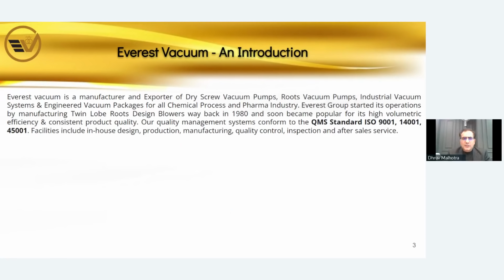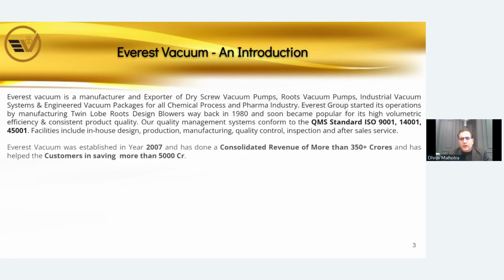Everest Group started its operation by manufacturing twin-lobe roots design blowers way back in 1980 and soon became popular for its high volumetric efficiency and consistent product quality. Today, Everest Group has a QMS, quality management system, which is ISO 9001, 14001, and 45001 certified.